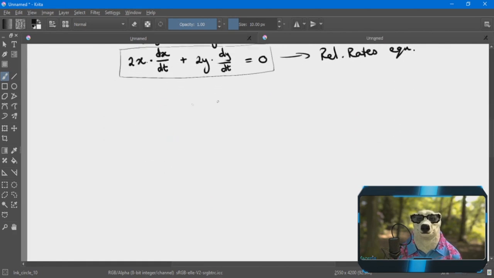So in here, let's do it on the side. At some point in time, I don't know exactly when, but they are giving me more information.